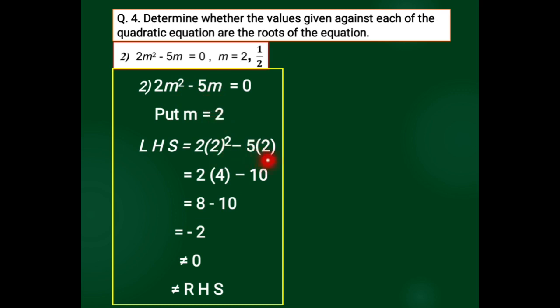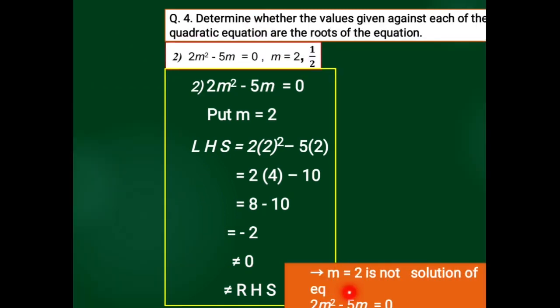Then 5m, the value of m is 2. 2 square is 4, 4 into 2 is 8, and 5 twos are 10. So we get 8 minus 10, which is minus 2, which is not equal to 0. That means LHS is not equal to RHS. Therefore m equals 2 is not a solution of the equation 2m square minus 5m equals 0.